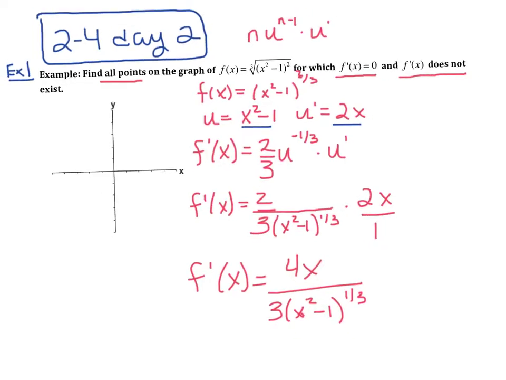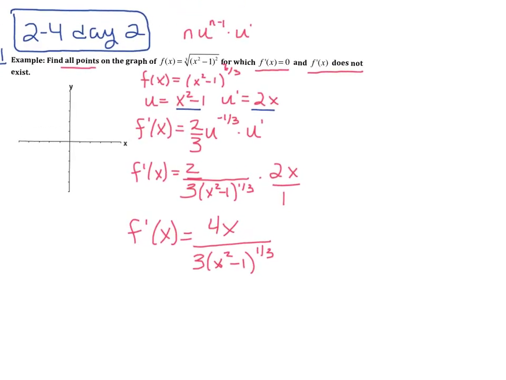Now here's the actual question. This is what it wants to know. It wants to know at what points the derivative equals 0, and at what points the derivative does not exist. Well, if we think about this, when we want to set it equal to 0, that's finding that horizontal tangent. What have I said over and over again when it comes to an actual quotient? All we care about is the numerator.